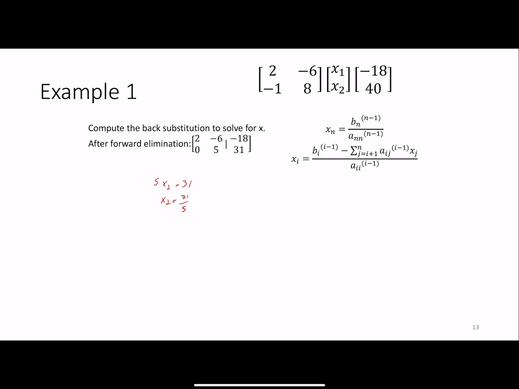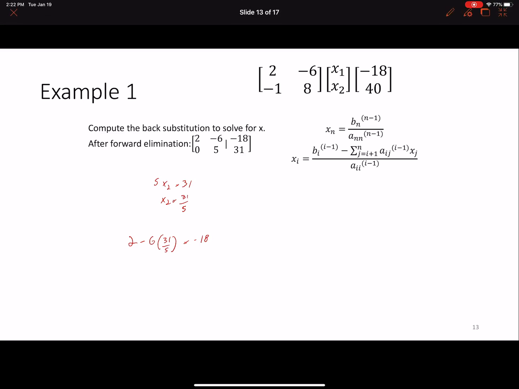Now I take this number and plug it in up there. So now our new equation will be 2 minus 6 times 31 over 5 equals minus 18. Sorry, this should have been, let me find an eraser. This should have been 2x1.